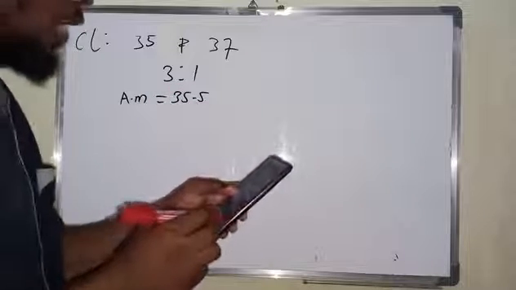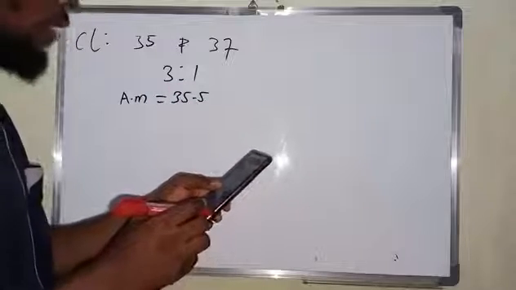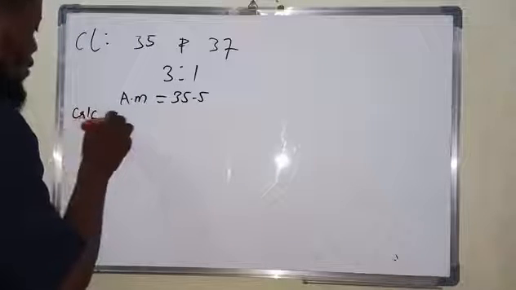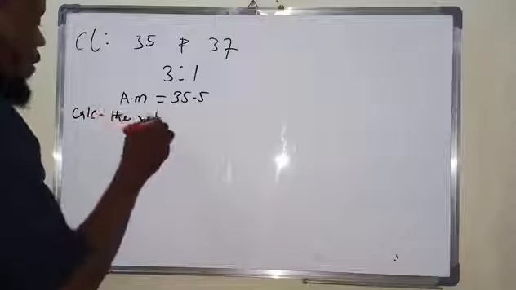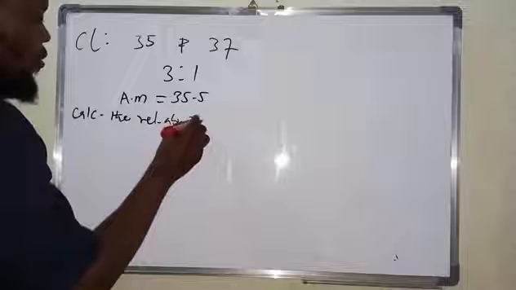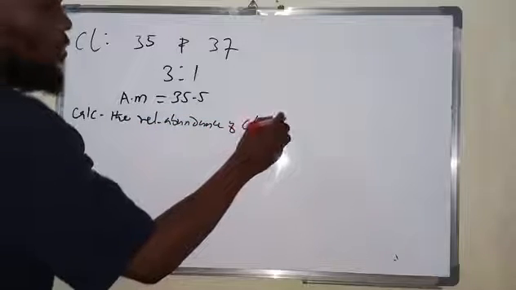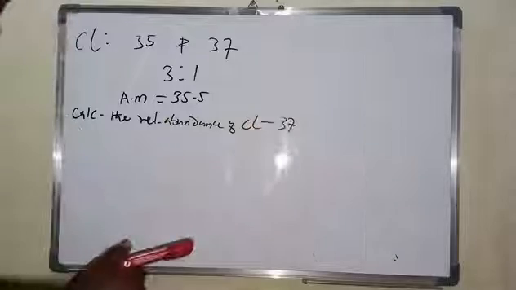Then calculate the relative abundance of the isotope of mass 37. Calculate the relative abundance of chlorine 37.